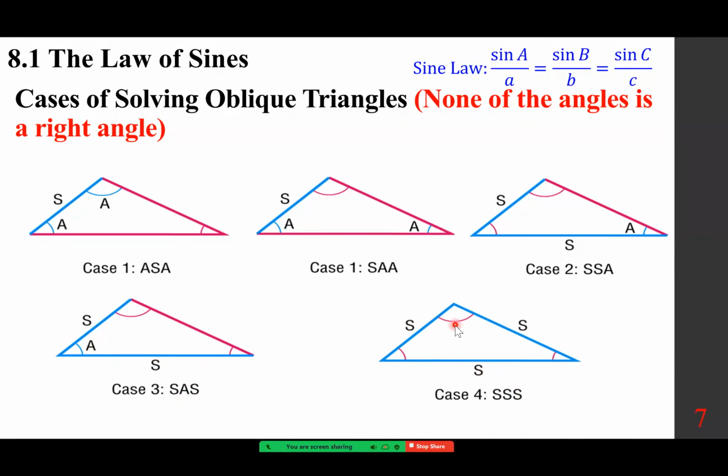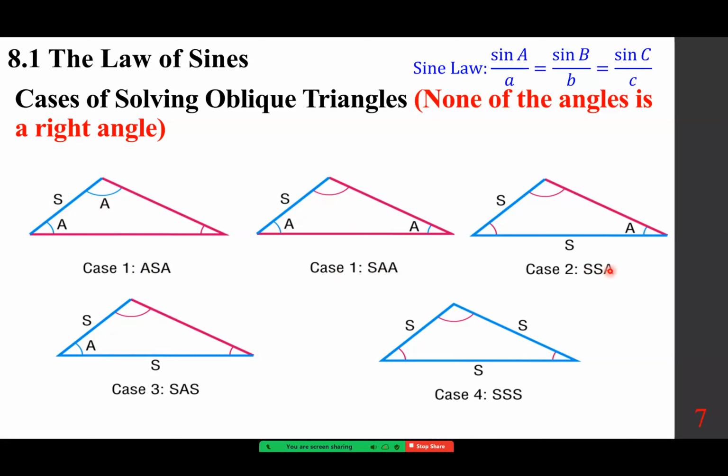So a quick recap. Case 1, there are two angles and the side in between. We call it ASA. It is still case 1 when we have two angles, but the side, unlike that, is not in between.